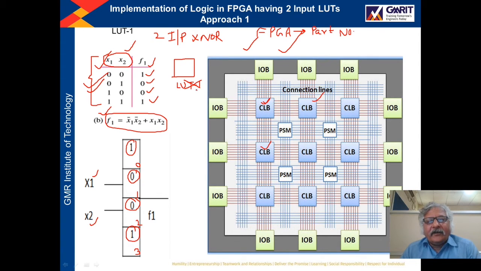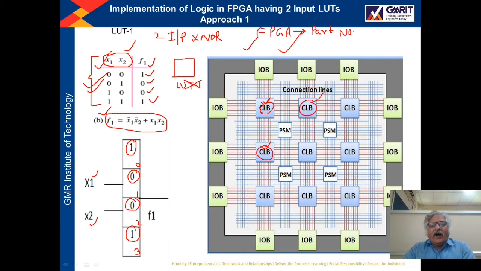This 2 input LUT where our logic is implemented may belong to this CLB, or this CLB, or any other CLB available inside this FPGA. This information is not available right now. After synthesis we have only one piece of information: this logic will be implemented in one of the LUTs among many LUTs.